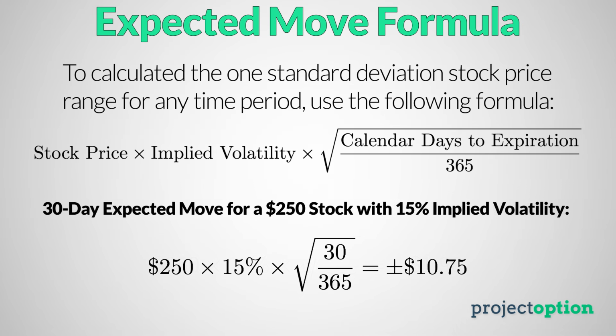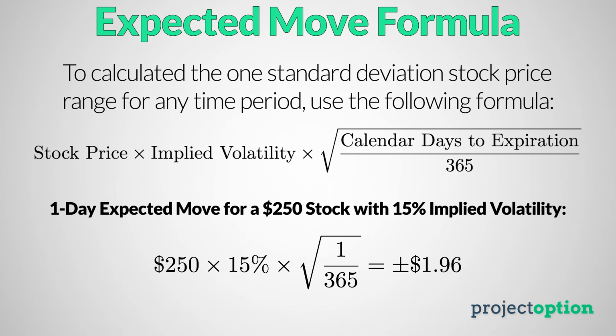If we wanted a one-day stock price range calculation, we can adjust the formula accordingly and take the stock price of $250, multiply it by the implied volatility of 15%, and multiply that by the square root of 1 over 365. That gives us a one-day, one standard deviation range of plus or minus $1.96 around the current stock price of $250.